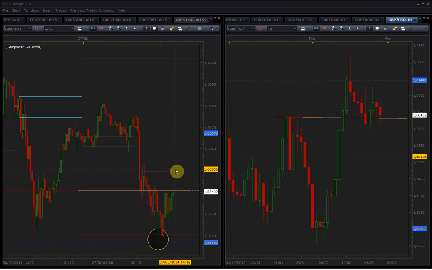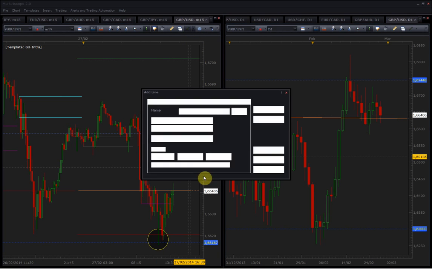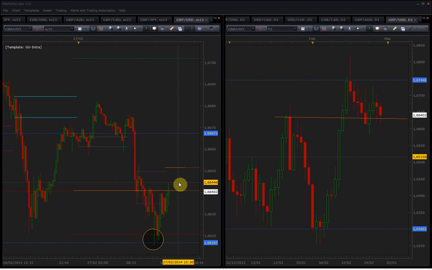The long is above the opening range of this morning here. That's a long entry. 66.51. And the short, we need to wait for the opening range to get formed.